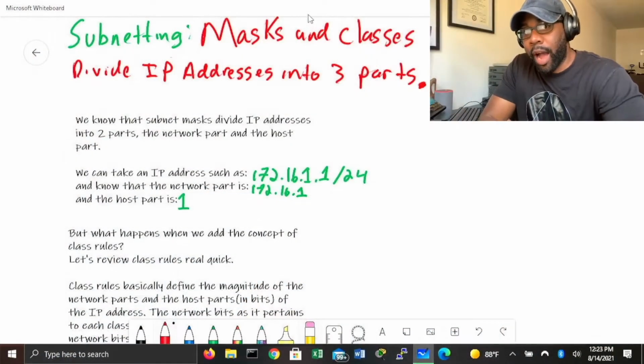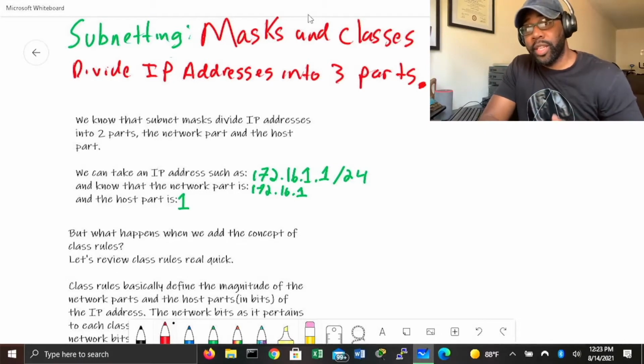So, as per our last video, we know that subnet masks divide IP addresses into two parts, right? It divides it into the network part and the host part.